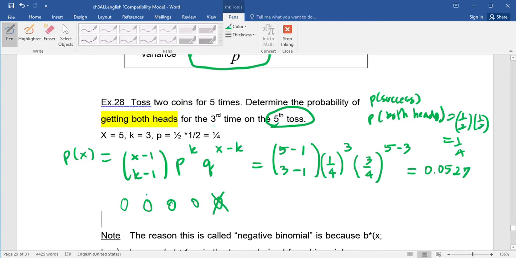That means there are 2 more outcomes previously that you get both heads. You might get it here, 1, 2, and 3.